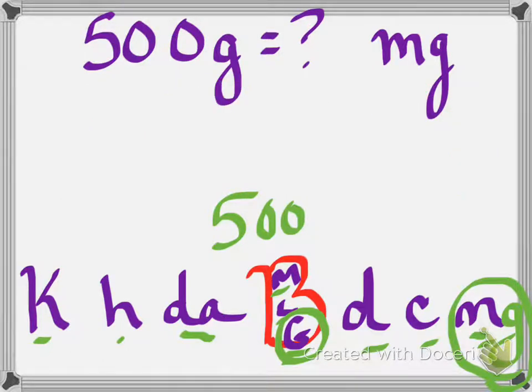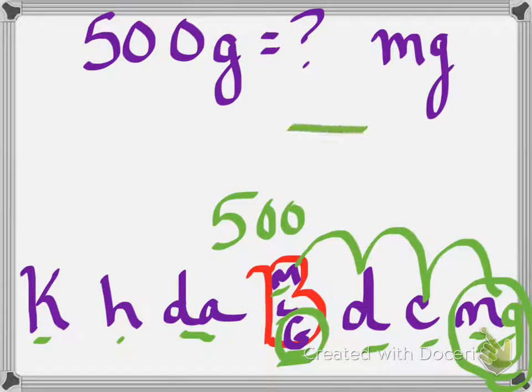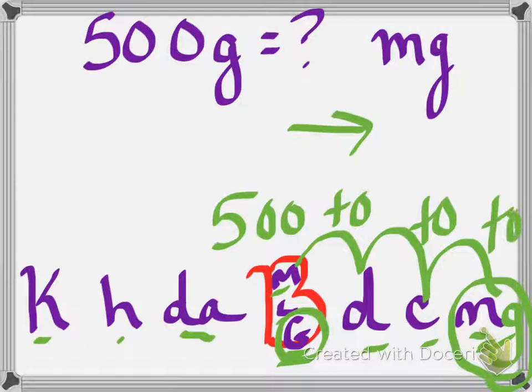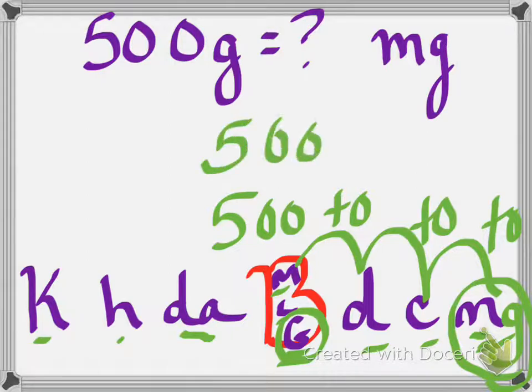Let's start bubbling. So we are going from grams to milligrams. We're going to the right. 1, 2, 3 bubbles. We're going to the right, so we're adding a 0, add another 0, and add that third 0. Then we copy it over, and we just say 5, 0, 0, 0, 0.